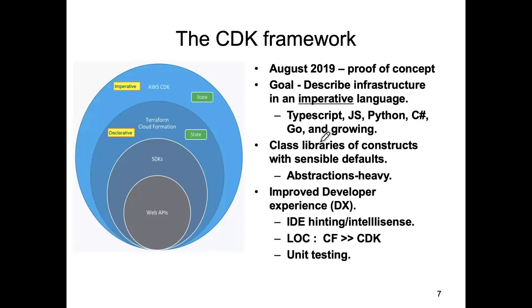Also, the CDK provides quite a large class library, and we will be using a small subset of the classes, and it's these class libraries that come with the framework. They contain all of the abstractions that make our implementation much easier than in the case of using CloudFormation templates.